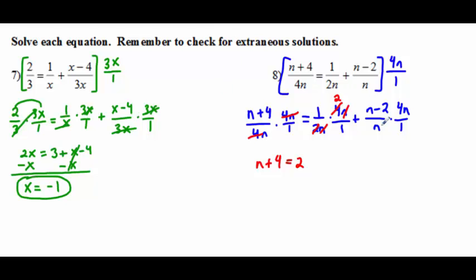And then on the last one, what cancels? The n's, and so we have to do 4 times this, and you have to distribute that. It's not just 4 times 2, it's 4 times n and 4 times -2, so that'll be 4n minus 8. All right, solve. So get n on one side.